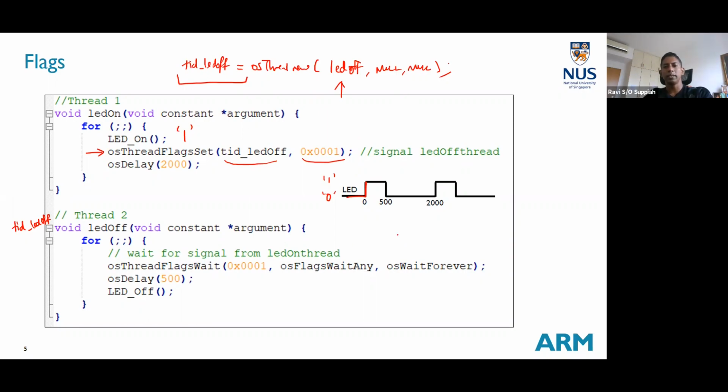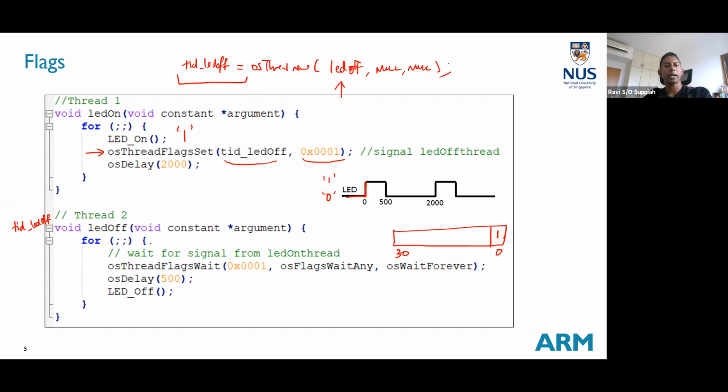Within the TID LED off task, there are already pre-built flags 0 to 30, and I'm going to set bit 0 to a value of 1.